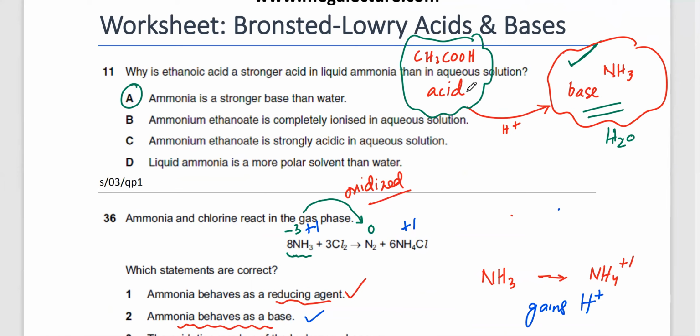An acid would not lose an H+ if there is nothing accepting H+ ions. Similarly, if there is no acid, there is no base, because the base would not find H+ ions in the first place. So for an acid to behave as an acid, you need a base, and for a base to behave as a base, you need an acid.